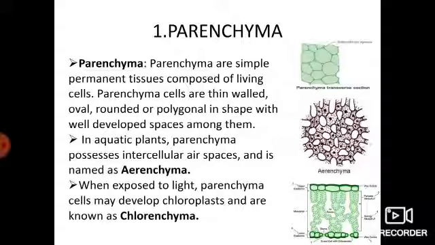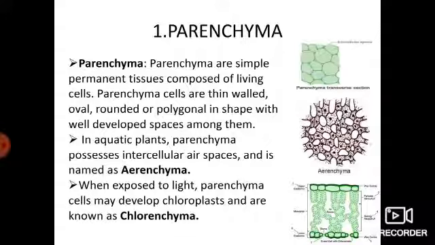Now we are going to see about the types of parenchyma cells. First one is aerenchyma. Due to the presence of more air spaces in water plants, that is in aquatic plants, this type of parenchyma is called aerenchyma cells.